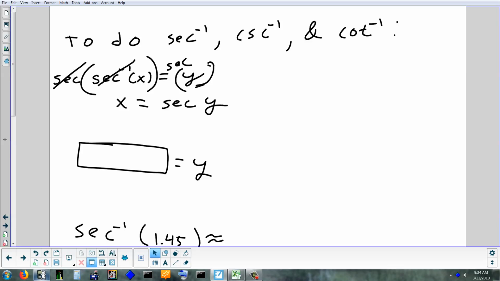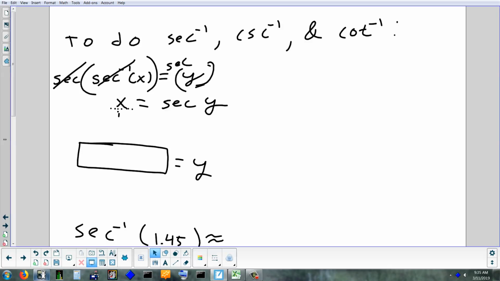Now, secant. Does anybody remember from last week what function you flip and it gives you the secant? The cosine. So what I want to do is I want to flip each side. Now, this isn't a fraction, but I could pretend it's a fraction by putting x over what number? 1.